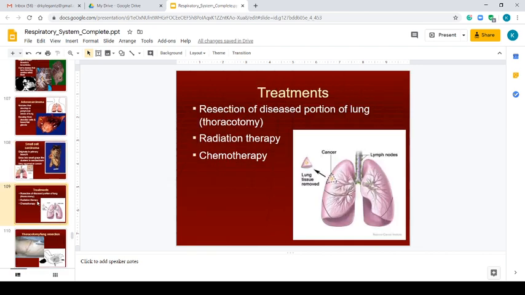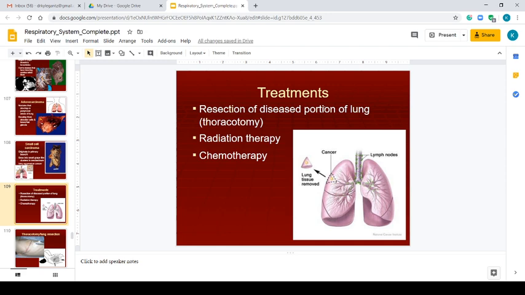Okay, so the treatments for these cancers are cut it out, radiate it, and chemotherapy. Okay, so you want to cut that thing out. If you can take it out, you want to take it out. Don't give it any more chance to be throwing off babies into the blood supply, right?